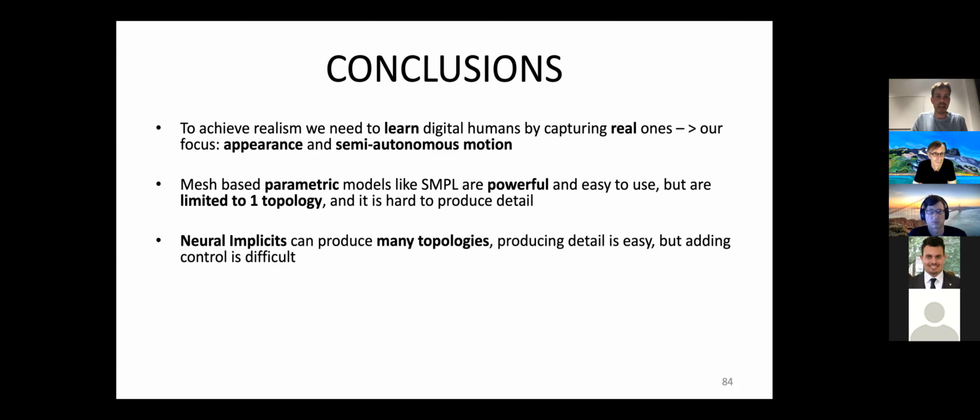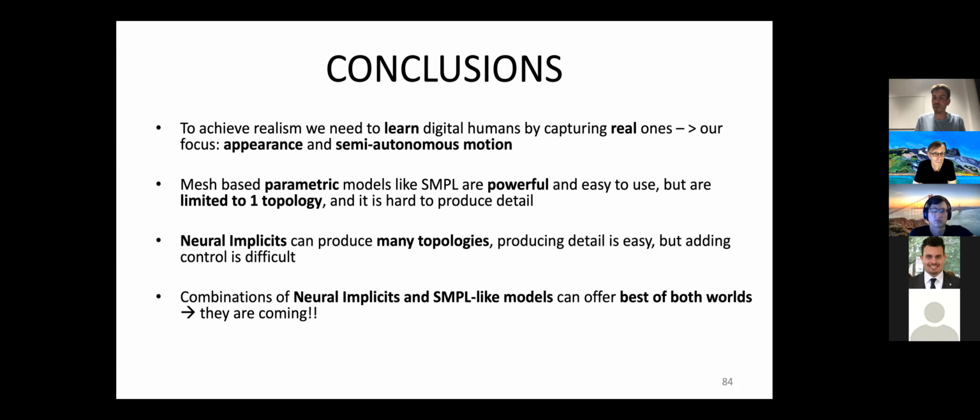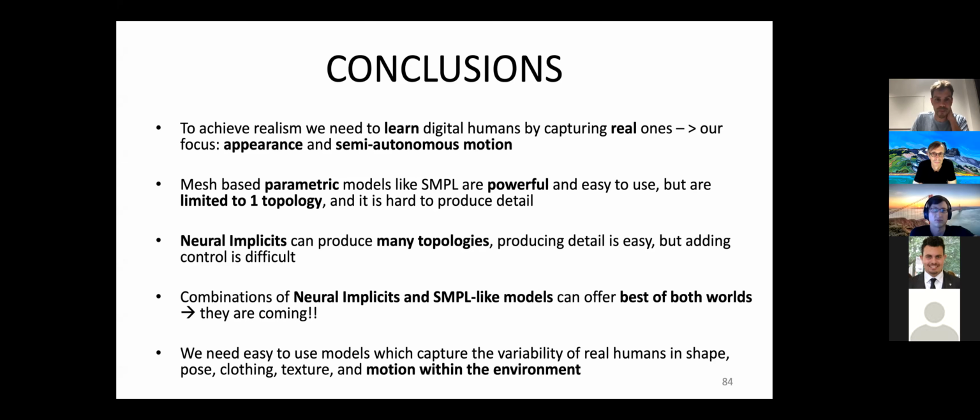Neural implicits can produce many different topologies, and producing detail is easier, at least from images, but then having control is difficult. Combinations of neural implicits and SMPL-like models can offer the best of both worlds. These are the works that I couldn't present because I didn't have time, but they are coming, and they offer an opportunity to merge the good things of both models.